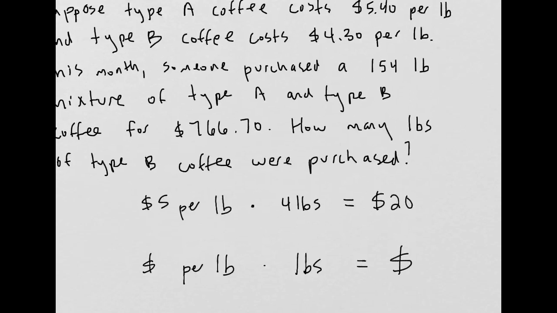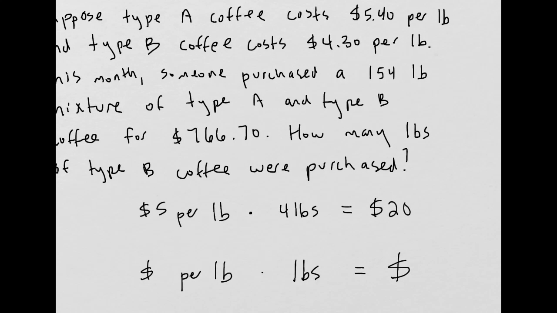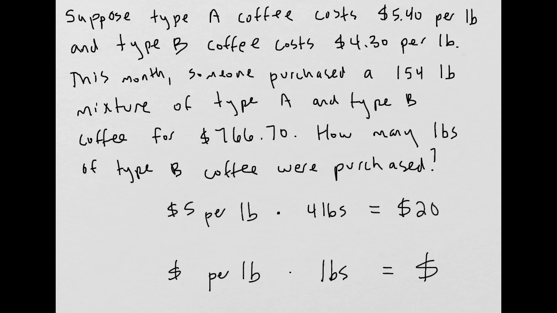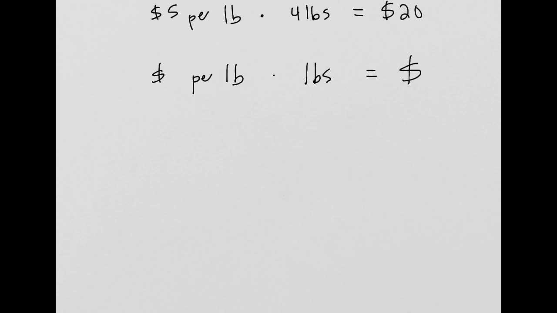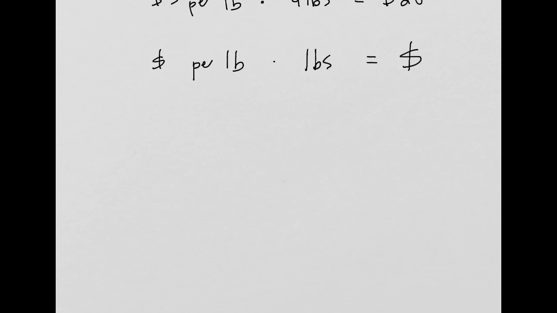Okay, the second thing I want you to notice is that there's two different types of coffee here. So when we're calculating total cost using our formula, we should have an entry for both type A and type B. So what I'm going to do is create a table to organize our information.